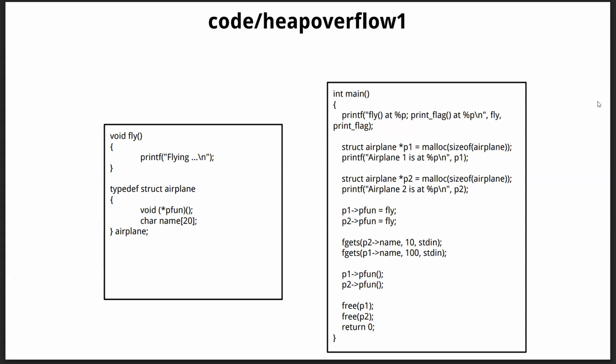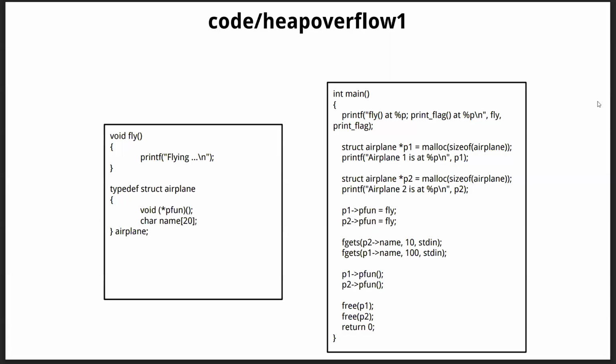The function pointer is a pointer, so in the 32-bit version, it will be 4 bytes. A 64-bit machine will be 8 bytes. Then there is a buffer, at least 20 bytes. Then we also have a print flag function there.